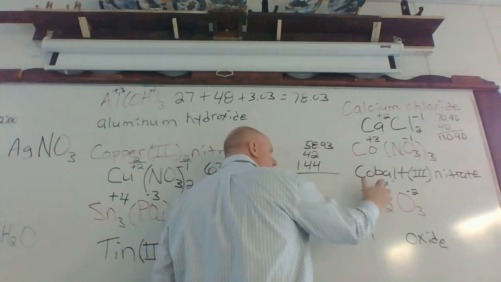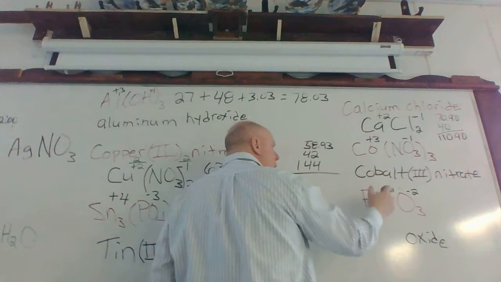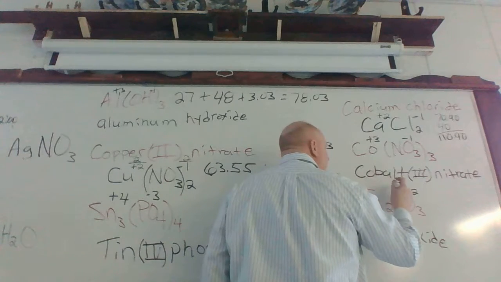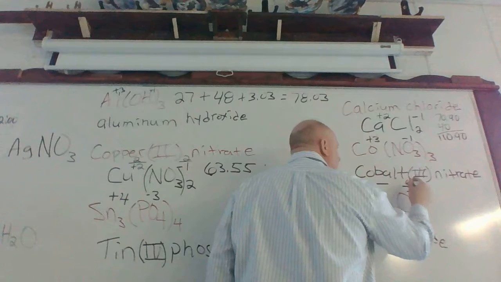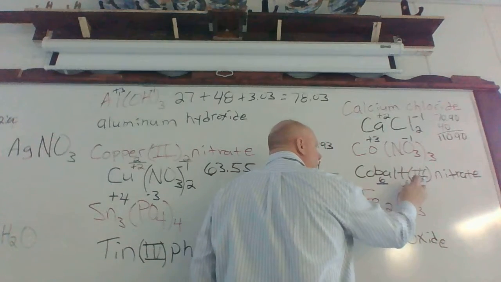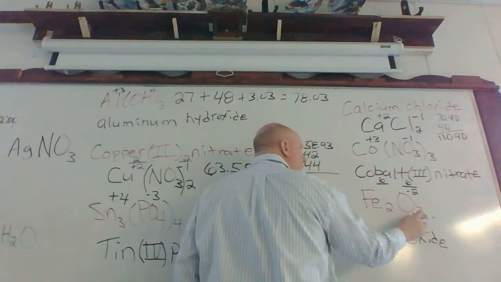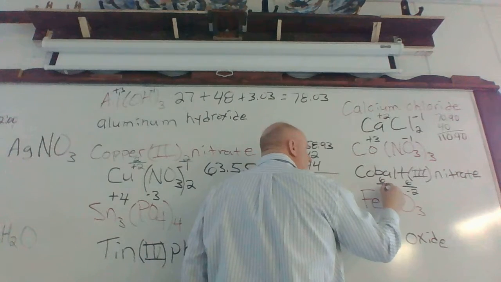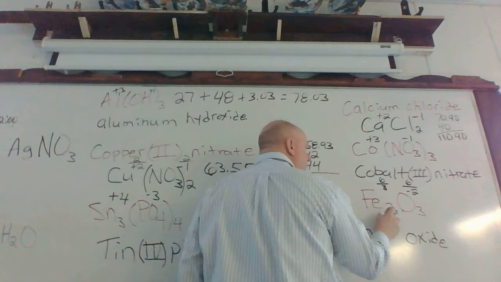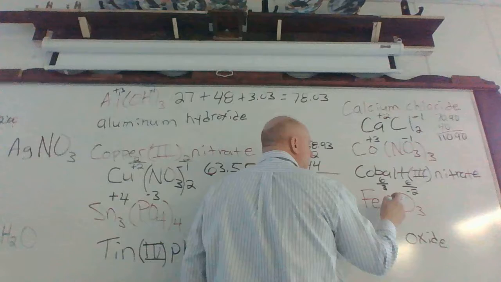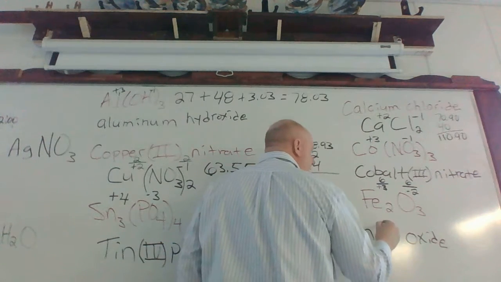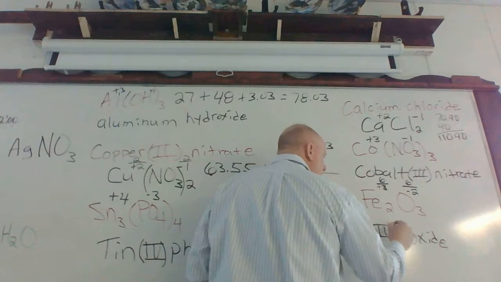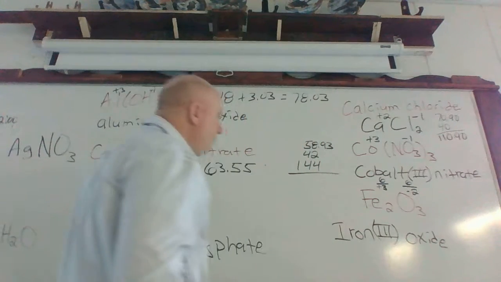So this has to add up to +6. The least common multiple is 6. 6 divided by 2 gave us that 3. 6 divided by 3 gives us that 2. That means iron has a charge of +3. So therefore we have iron(III) oxide.